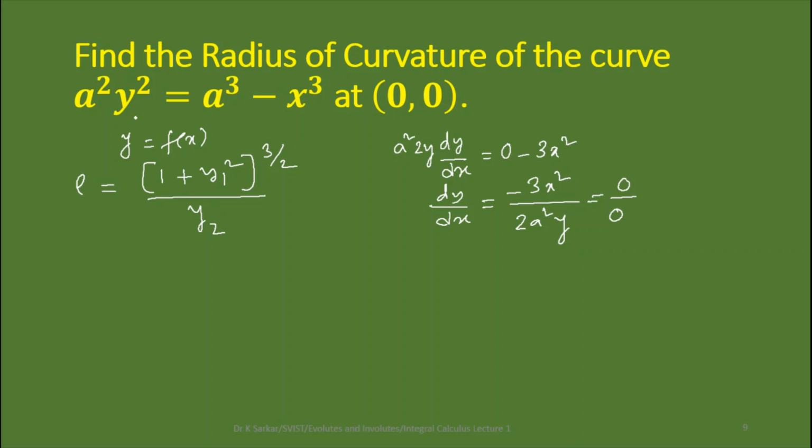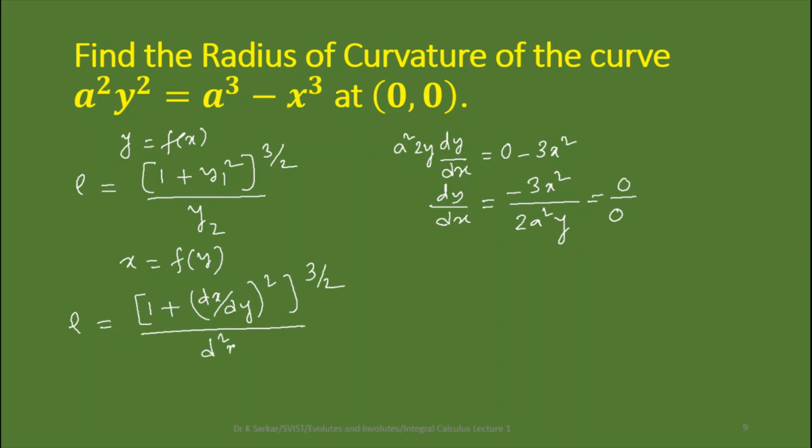Now let us change this equation in the form of x equals f(y). Then rho equals (1 plus (dx/dy) or x1 whole square) power 3 by 2 divided by d2x/dy2.